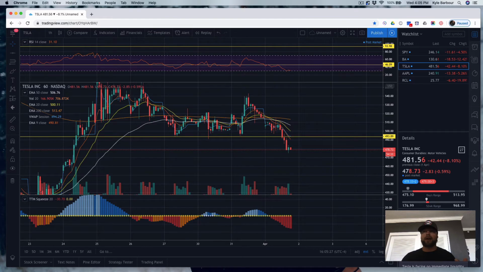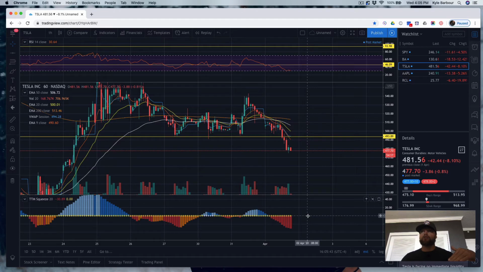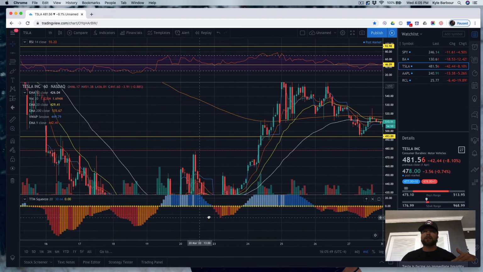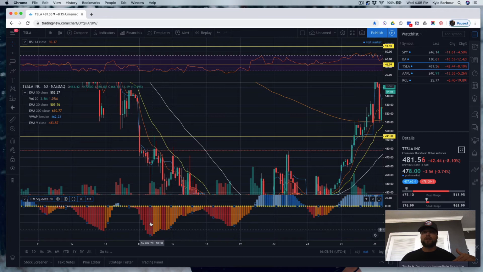So we can see that during this time we had an uptrend right through here, and then it lost steam, came back to a neutral, and now we're seeing the red bars grow down, right? So I can imagine that it would try to find its way back to a neutral position, and if that doesn't work, these red bars are going to grow exponentially, and we could see something like this over here where they're just continuing to grow, right?